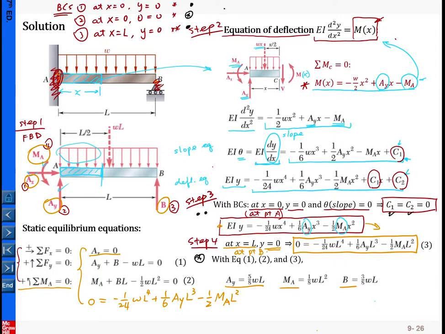This is a very important concept here, and most of the time the textbooks and the instructors didn't explain this well. But here I want to tell you, out of the available boundary conditions, you can pick according to your preference, whatever you like, for solving and coming up with the additional equations.